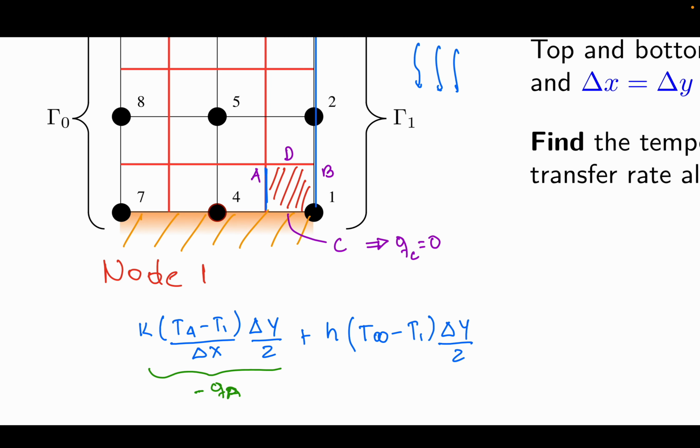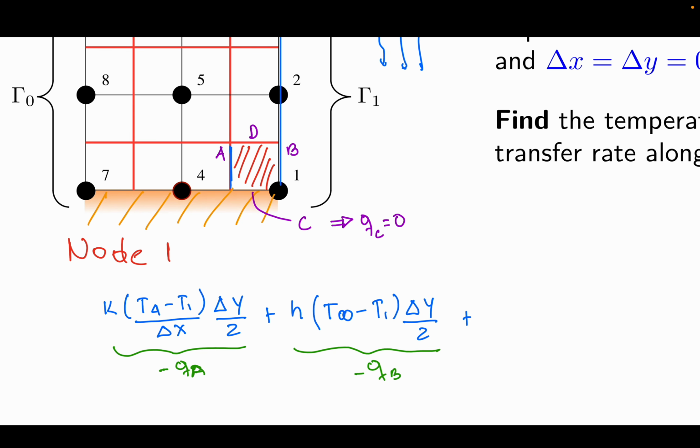And so this is Q at B with negative sign. At C is 0, so we don't have it.